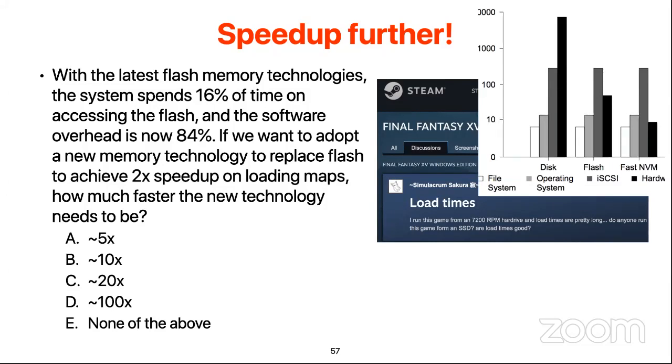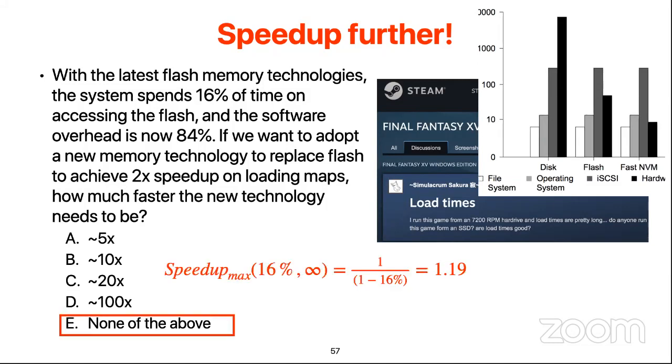If this is what your CEO asks you to do, I think the message is clear that he really wants to lay off your whole group, because it's impossible to achieve twice the speedup by just improving the 5% part of your system, because the maximum speedup you can achieve is only 1.19, right? So it's never possible to achieve twice the speedup.